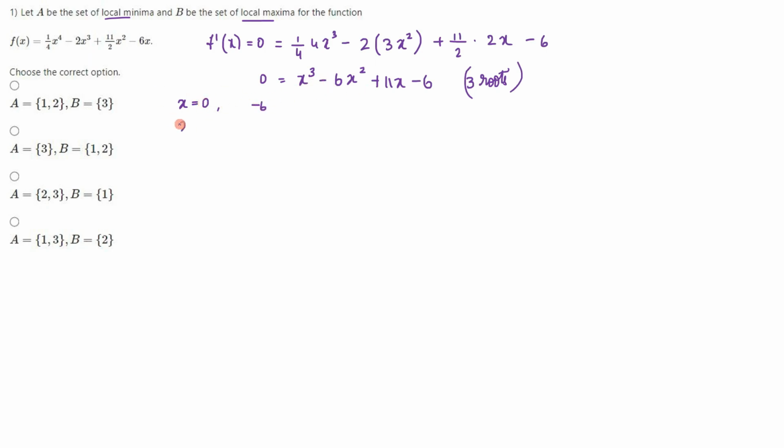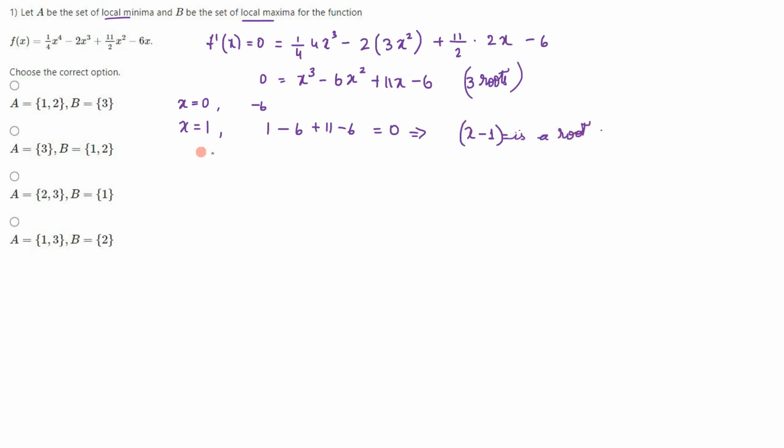Let's move on with x equal to 1. We have 1 cube is 1, minus 6 into 1 square, that is minus 6, plus 11 into 1, that is 11, minus 6. So that is 1 minus 6 is minus 5, plus 11 is 6, minus 6 is 0. This means that x minus 1 is a root.